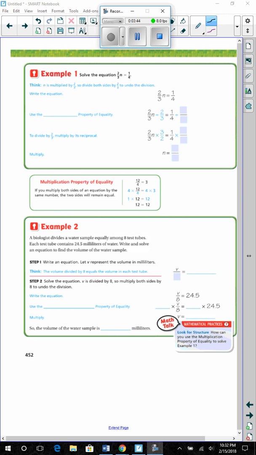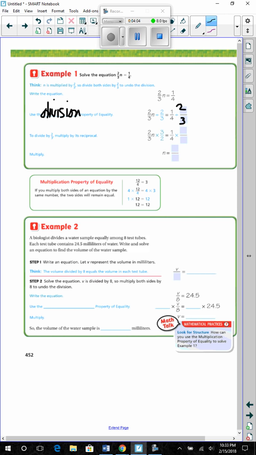Use the division property of equality. So we're going to do 2/3 n divided by 2/3 and 1/4 divided by 2/3, because remember we're doing the same to both sides.